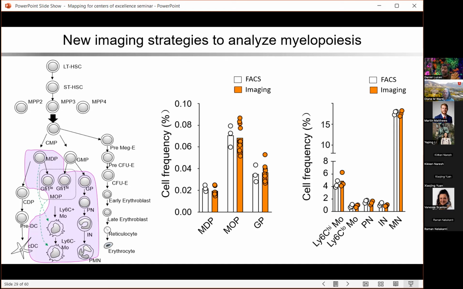So you may have some cells that look very bright by imaging, but they might be underrepresented. You need to make sure that you are detecting every cell present in the tissue. And the way that we do that is comparing for each one the frequencies detected by FACS and imaging.